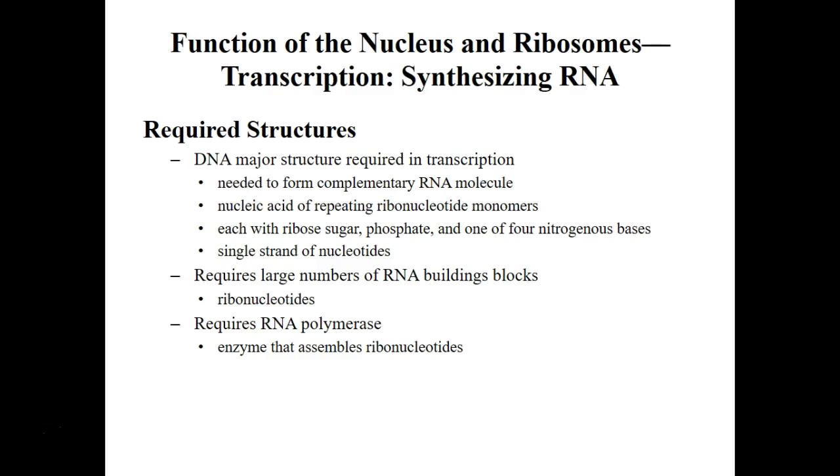These would be called ribonucleotides instead of deoxyribonucleotides. We have to have ribose sugar and then the phosphates. And we have to have the enzyme to activate RNA synthesis, which is RNA polymerase.